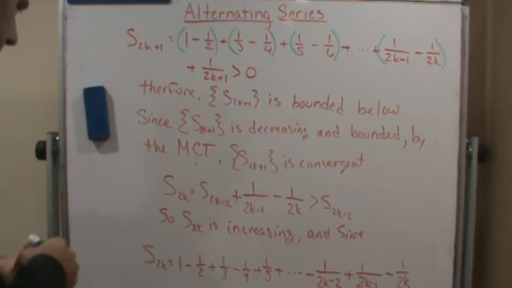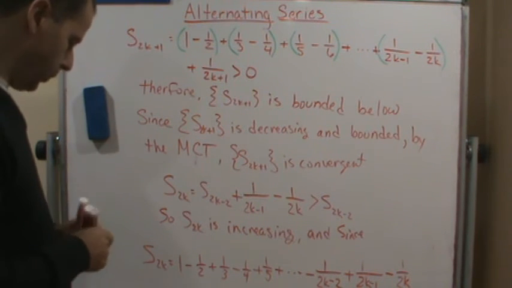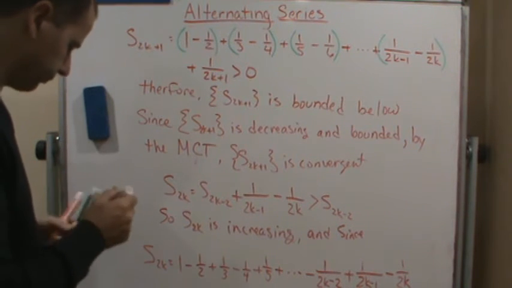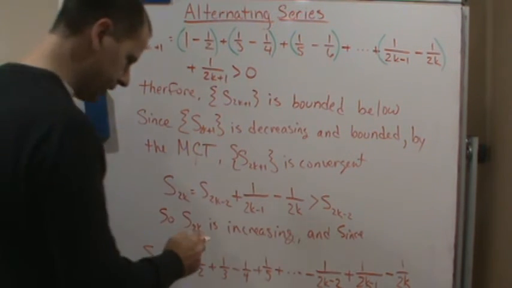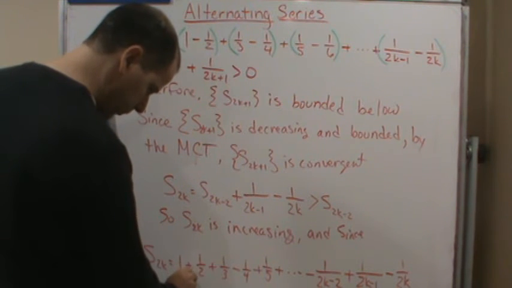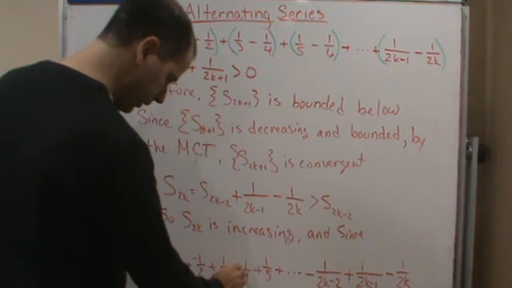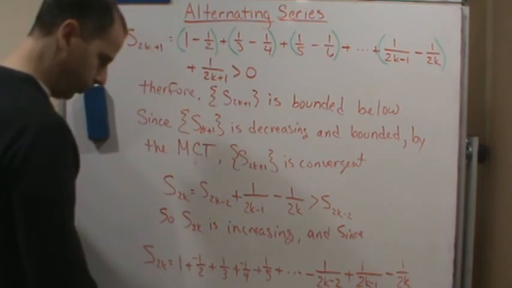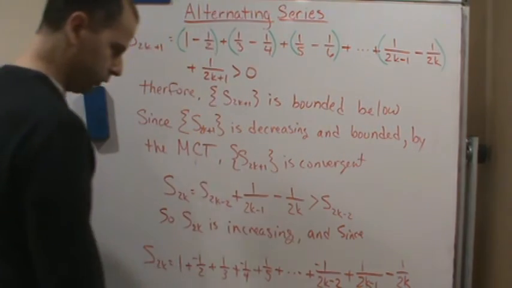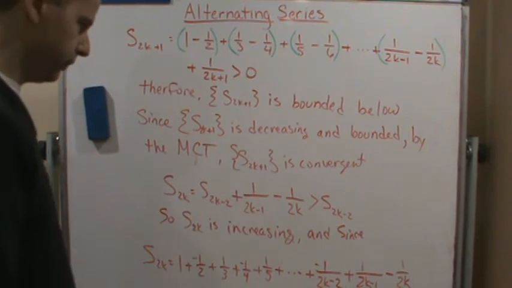Okay, so let's look at this here, partial sums. Now what I want to do, just so we can see this, is change these to plus negatives. So I'm going to change this to a plus negative 1/2, plus negative 1/4, and this to a plus negative 1/(2k minus 2).